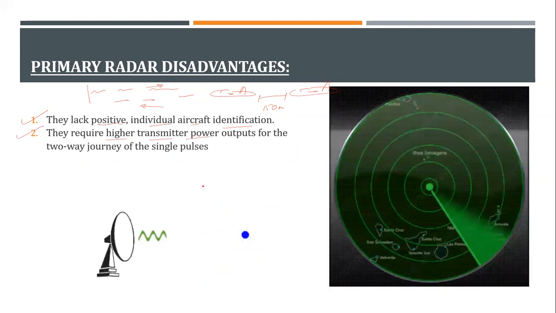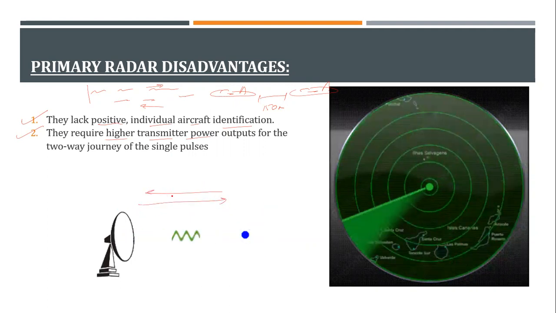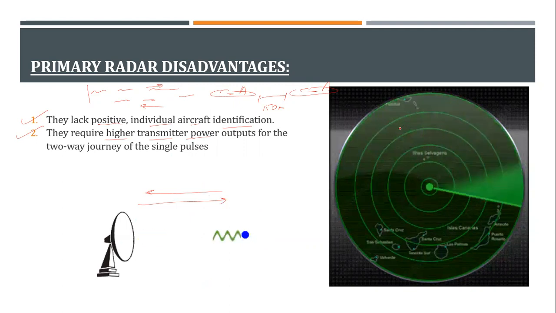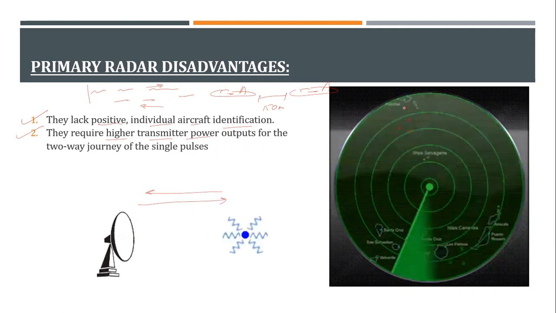So both of the points I've covered here: because it has to travel two ways, it requires a lot of power. Secondly, in this type of radar, there is nothing you can do to individually identify such aircraft. You might not even know which aircraft is what. That is why we need SSR, or simply secondary radar.